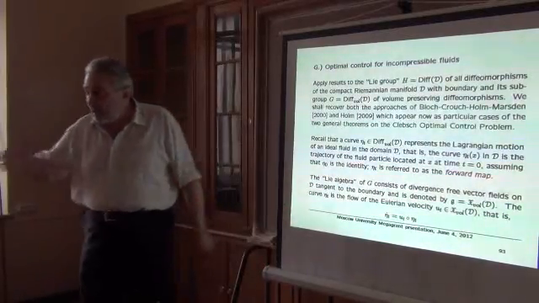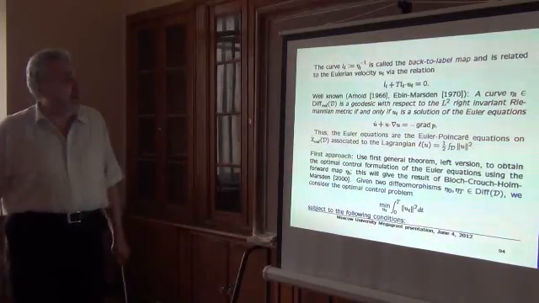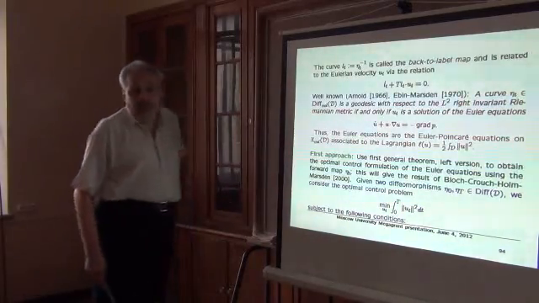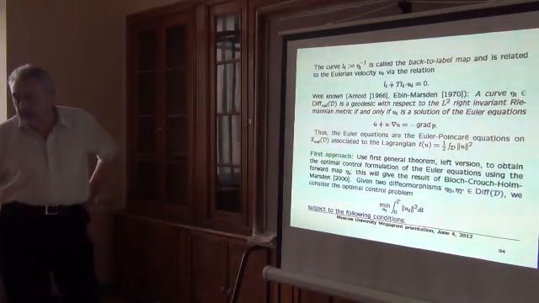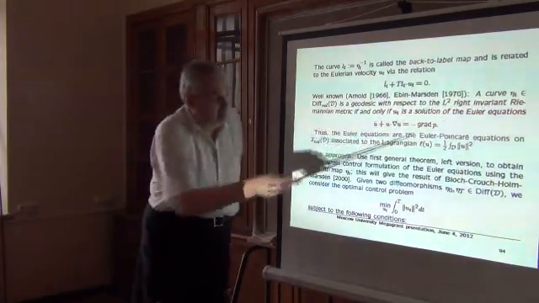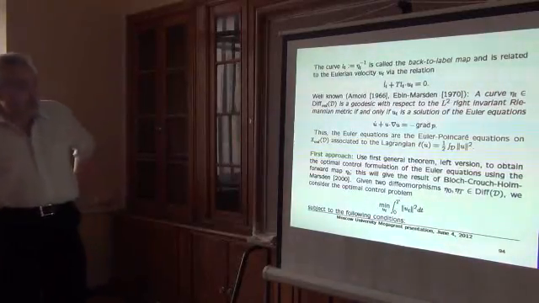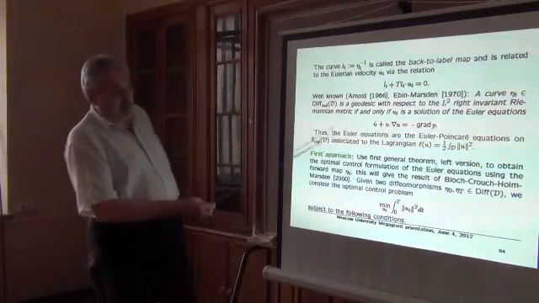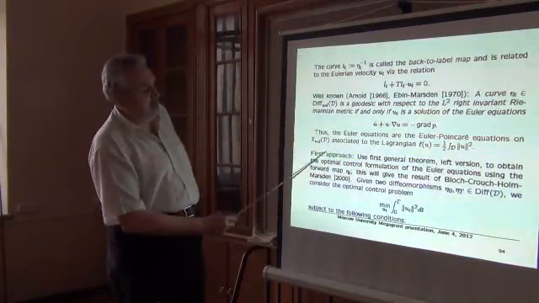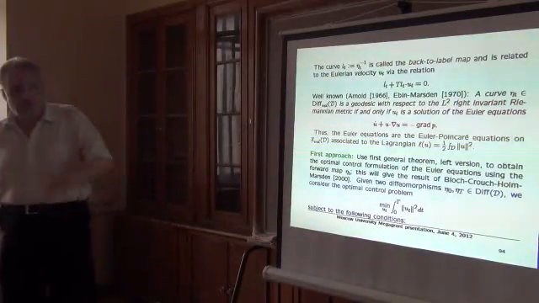At any frozen time, you have this composition. This is called the back-to-labels map in the literature. So here is Arnold, and even Marsden if you put HS. Therefore, the Euler equations are nothing else but the Euler-Poincaré equation on the divergence-free vector fields associated with the Lagrangian given by the kinetic energy. Nothing new.